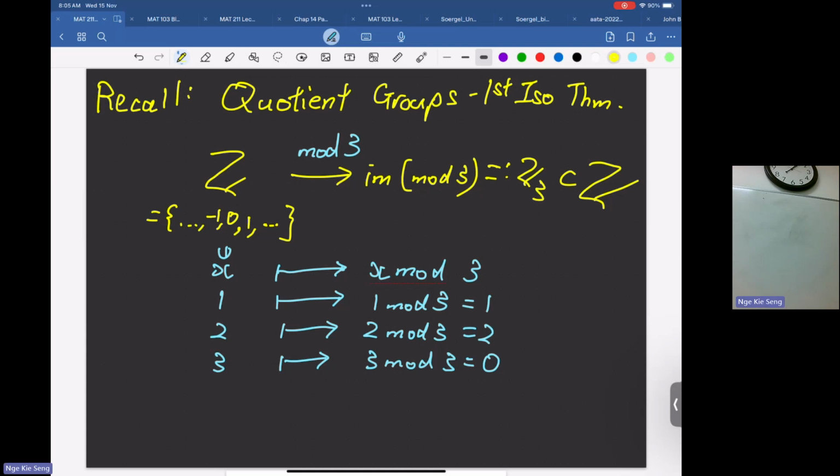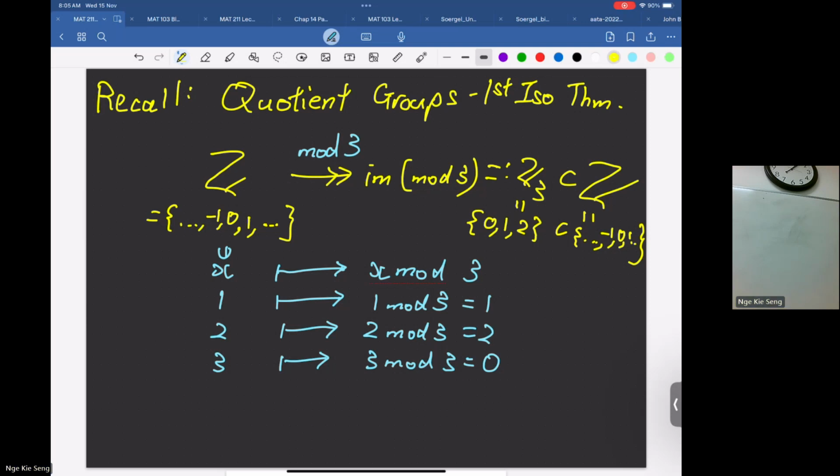There are only 3 numbers inside here: 0, 1, 2, inside the infinite set. So it surjects onto the image. It doesn't surject onto the codomain, but it surjects onto the image. Does it make sense?